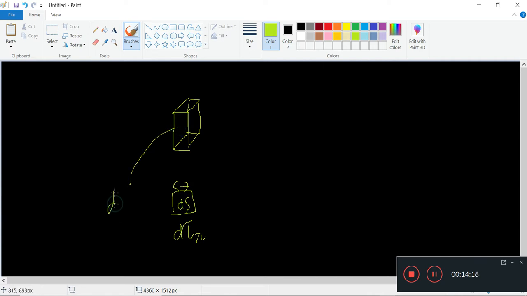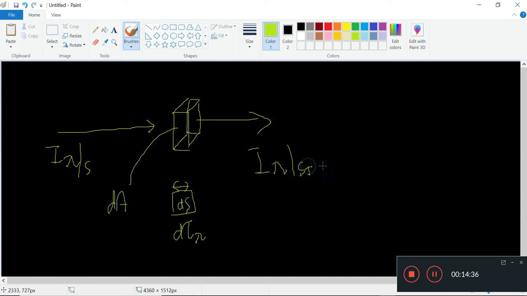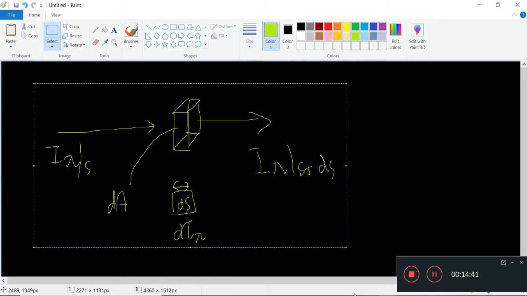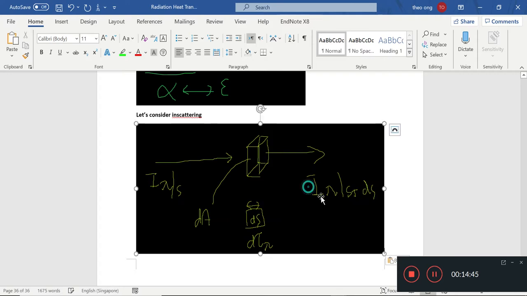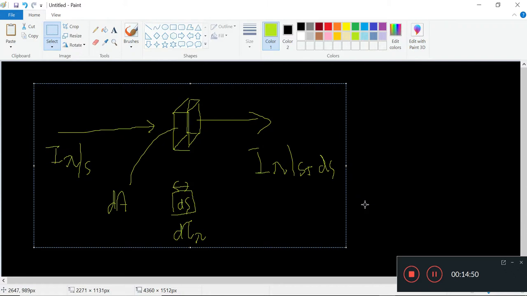This will have a certain area dA, and some intensity coming in, I lambda at S, and I lambda at S plus ds. This is the basic picture of what's going on, so I'm going to copy and paste it, since I'll use this template a lot and can paste it back into Paint anytime.